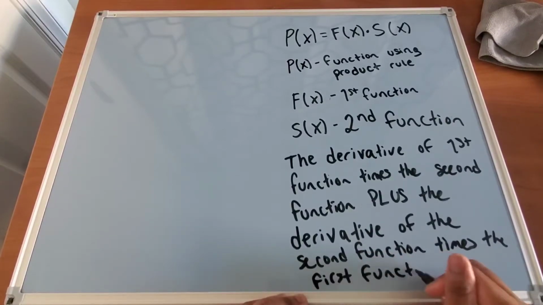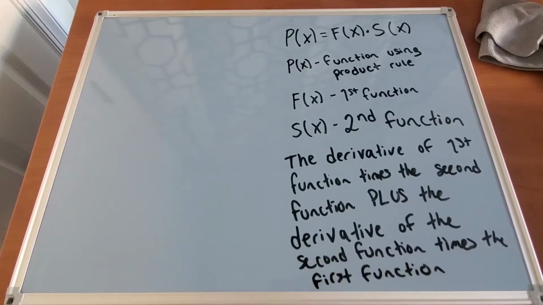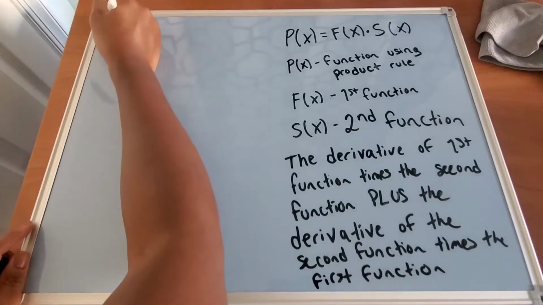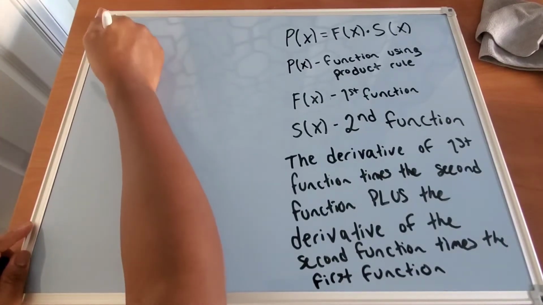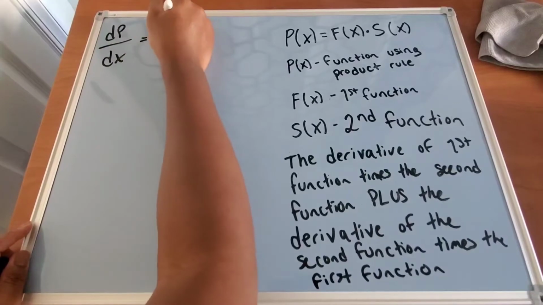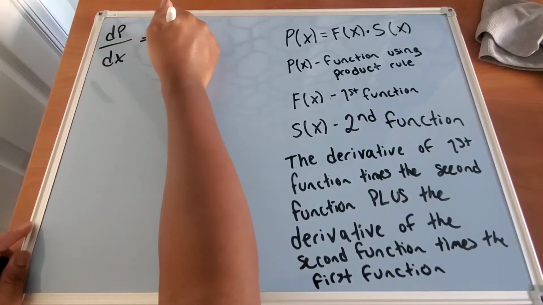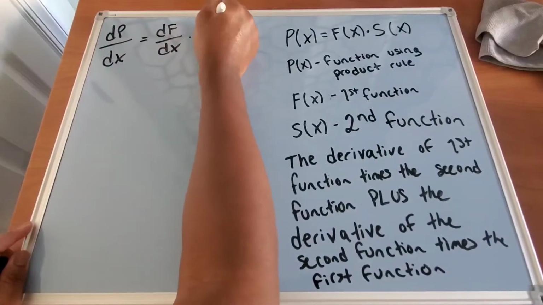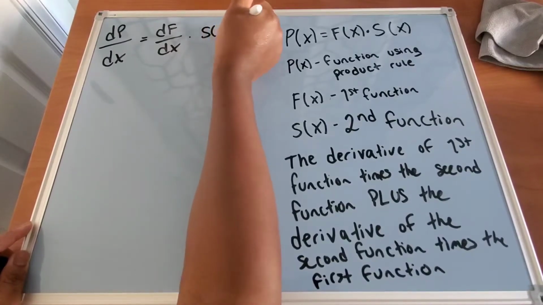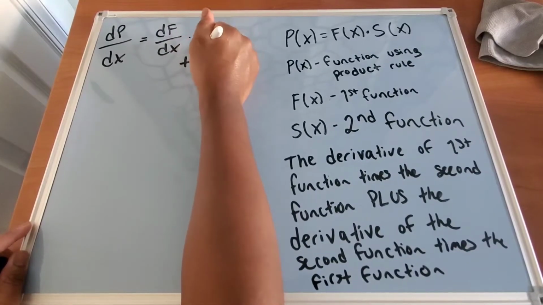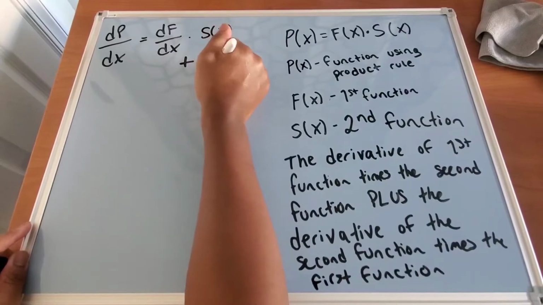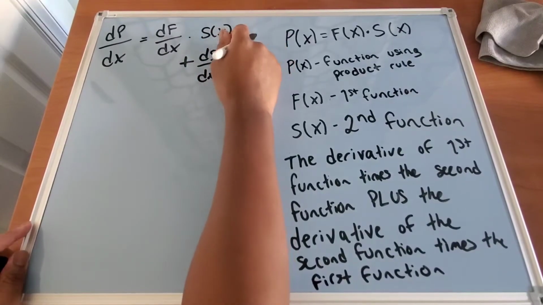If I were to write that out in notation, we could say that the derivative of p with respect to x is equal to the derivative of the first function with respect to x times the second function, plus the derivative of the second function with respect to x times the first function.